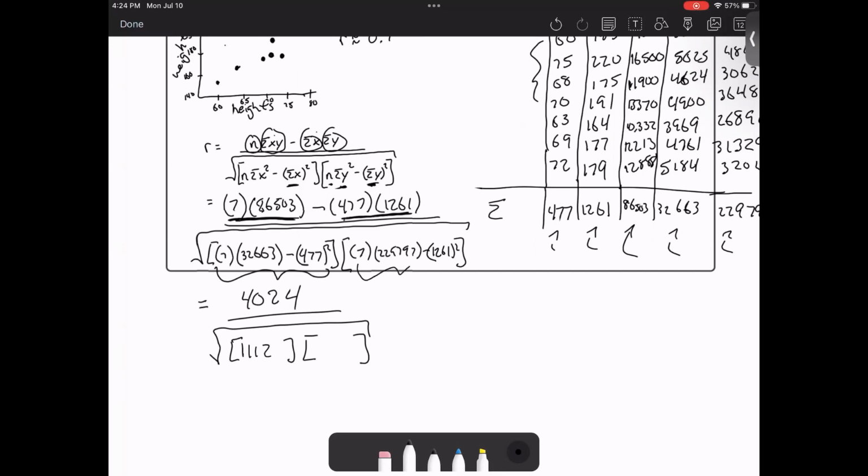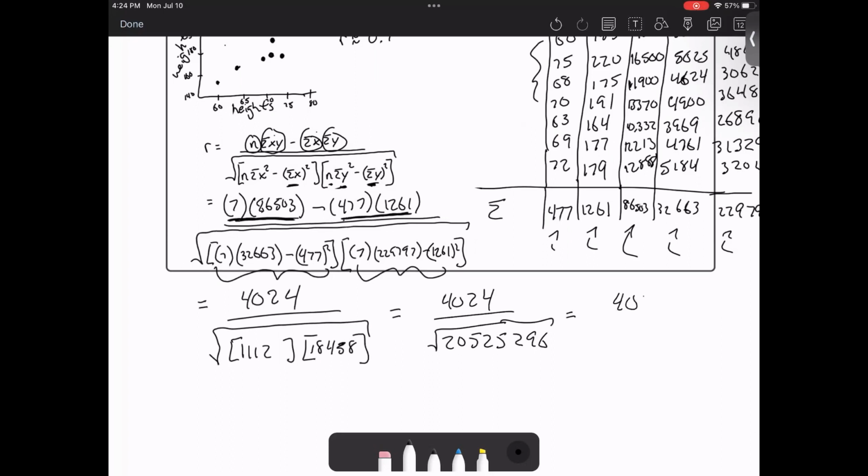And the second product is 18,458. Okay, when you go through this, you have 4024 divided by the square root of 205259296.